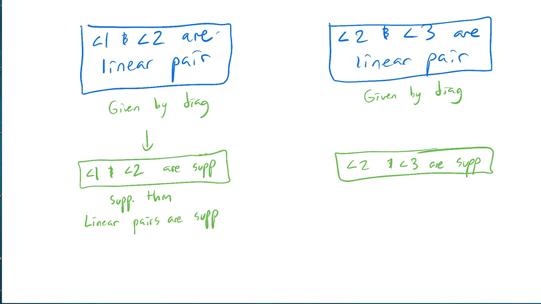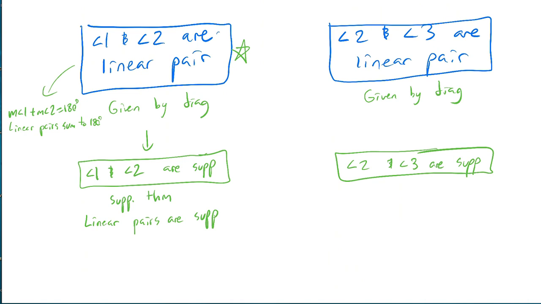Often if you're using IXL, it will go straight from there, a linear pair, to measure of angle 1 plus measure of angle 2 equals 180. And their reason will be linear pairs sum to 180. So it really depends on the book, how you name that foundational step. But the idea is first identify that they're a linear pair, then either go to they add up to 180 or they're supplementary.